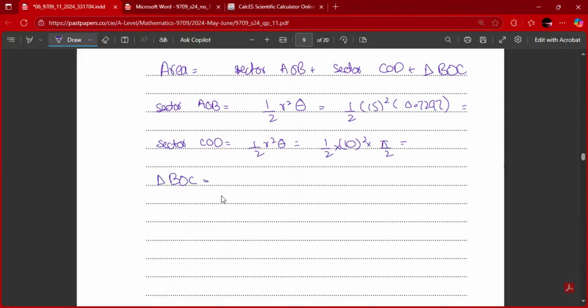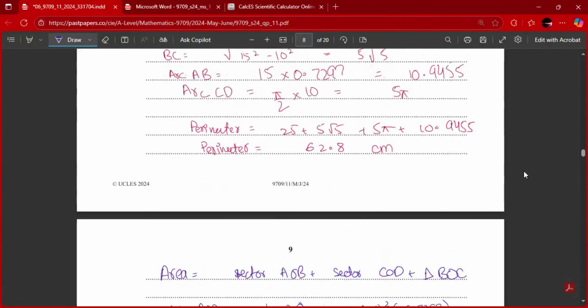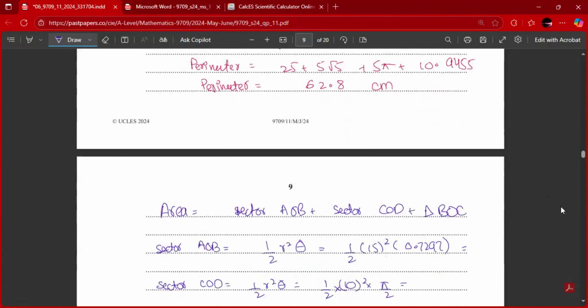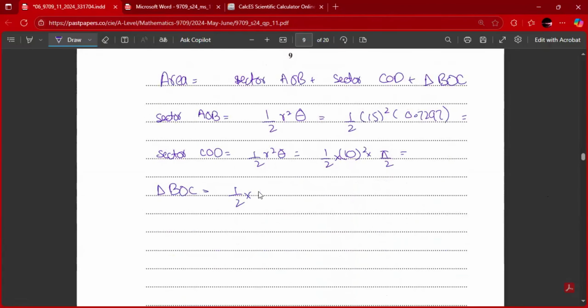The triangle is a right-angled triangle, so we can do 1 over 2 base times height, where our base was 5 square root of 5. Let me just write the formula first. Let me just do these calculations now really quickly.